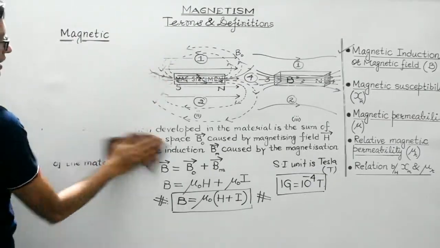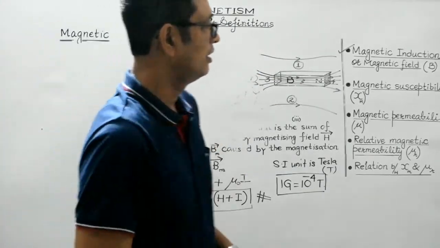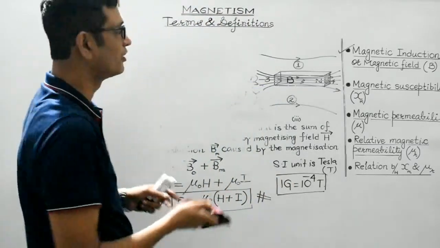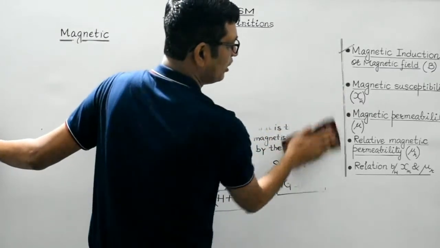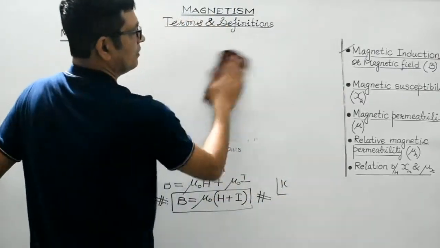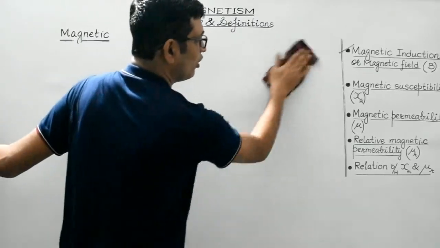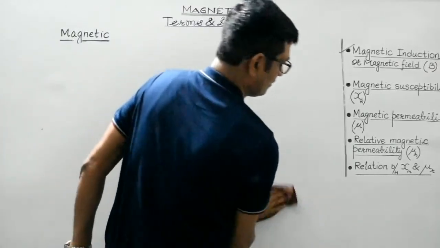Next one is magnetic susceptibility. Do you know the literal meaning of susceptible? Literal means dictionary meaning of susceptible. Susceptible means readiness or aptness, the quickness.